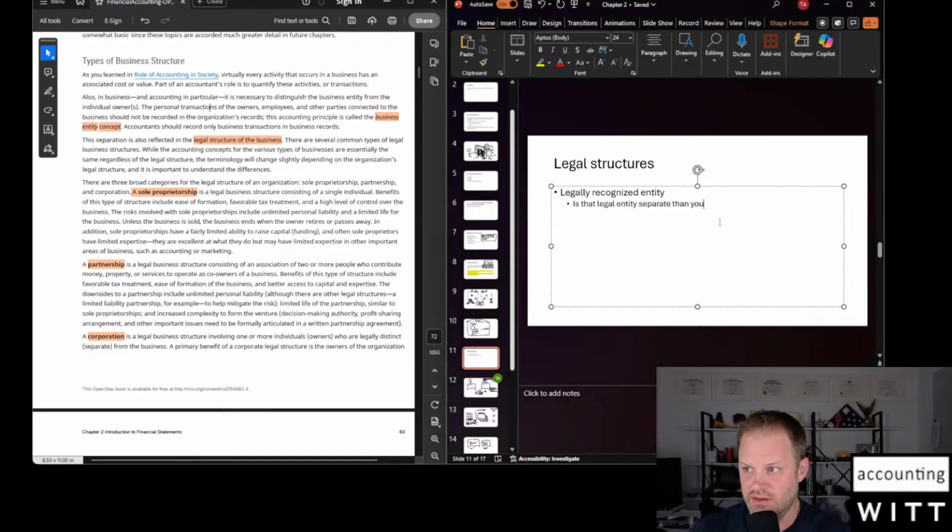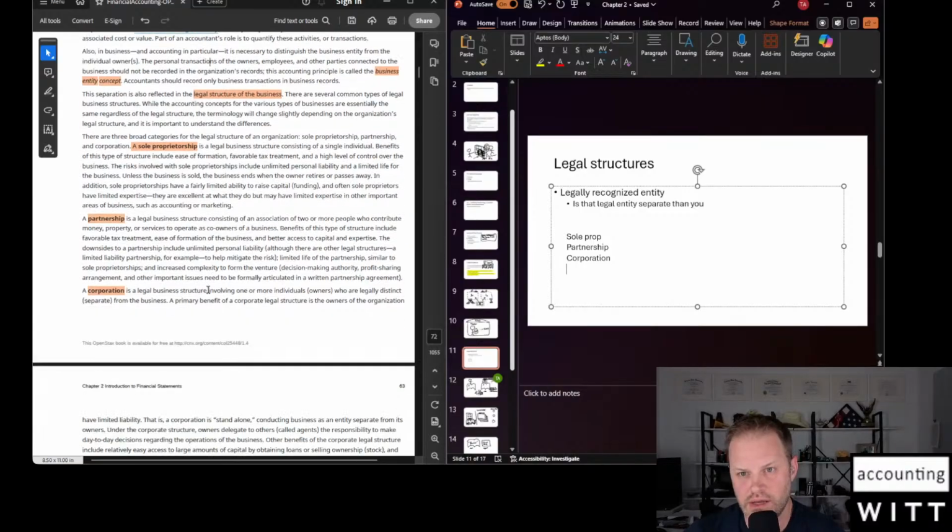So let's just say that generally there's 3 different types of structures: sole proprietorships, partnership, and corporation. So these are types of legal organizations in the eyes of the law. And these are the legal entities whose name is on the books.